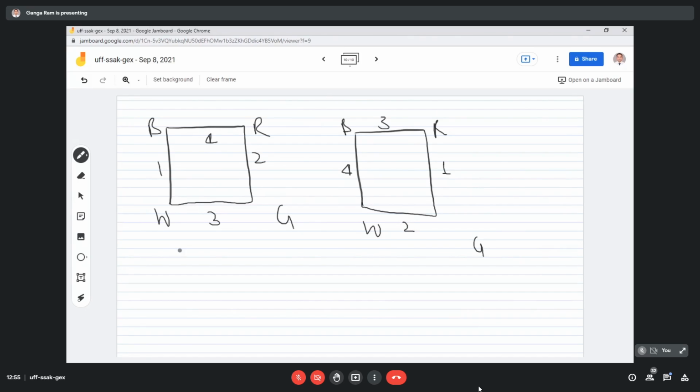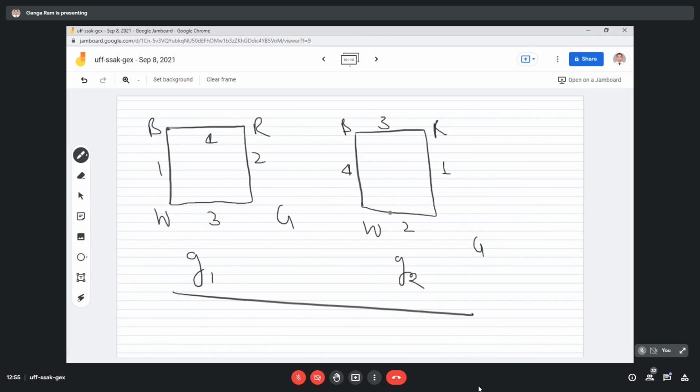So this is the first graph G1 and this is the second graph G2, and you can see that these two subgraphs are edge disjoint, each vertex has degree 2, and each edge has a different label.